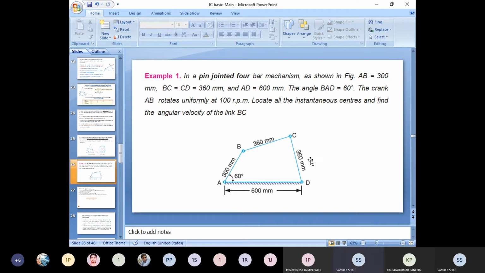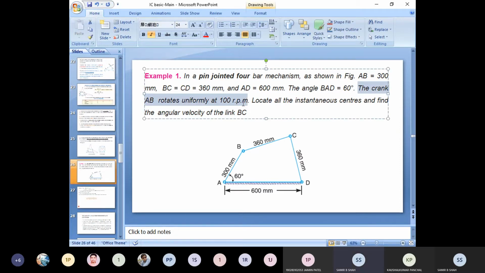As we analyze the data, we conclude that the crank speed is given to us, that is 100 RPM. So N_AB is equal to 100 RPM. So omega AB is equal to 2 pi N by 60, 2 pi times 100 by 60. So we get the answer 10.47 radian per second.